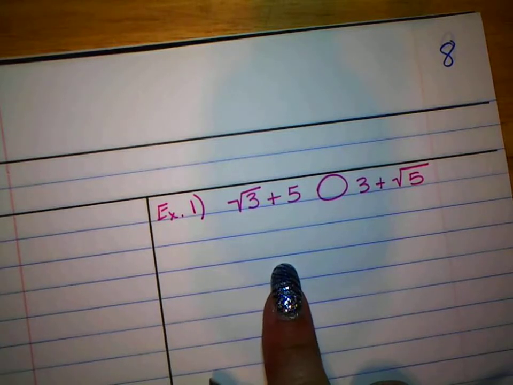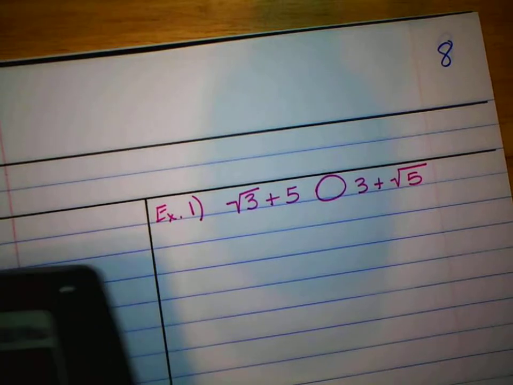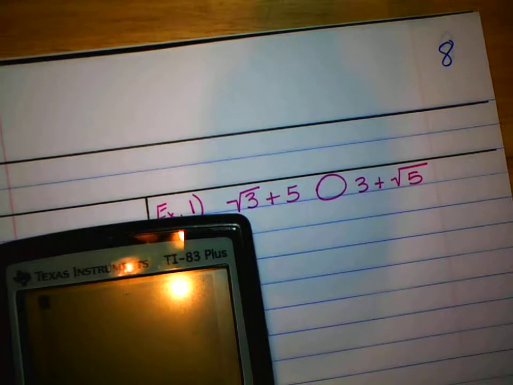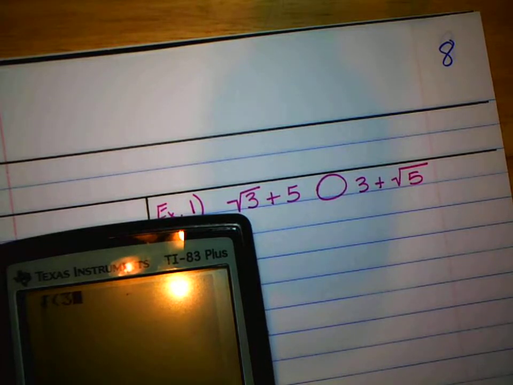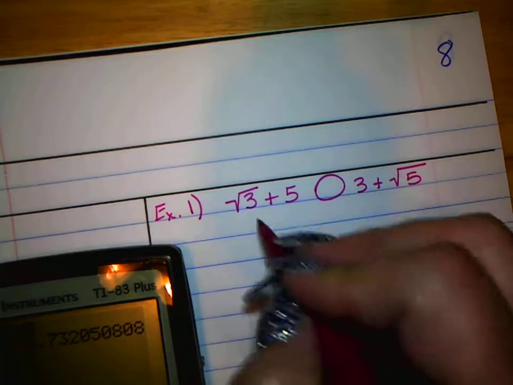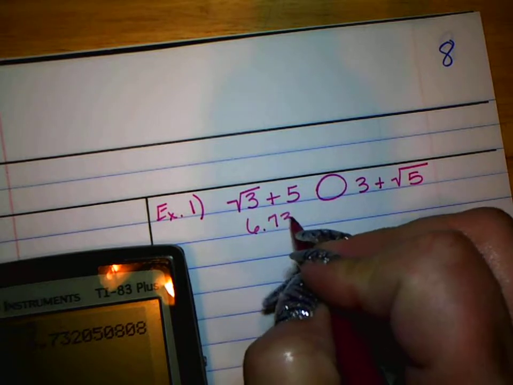The easiest way to do this is to go back to our calculator and put in each expression. So I'm going to start with the square root of 3 plus 5, and I'm going to get 6.732.